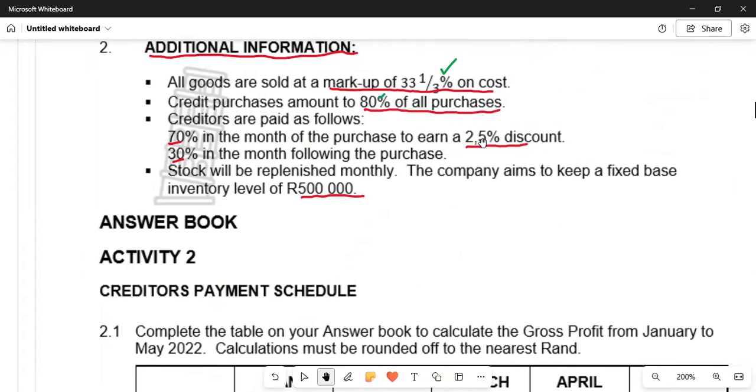And then 30% in the month following purchases. So here the month of sale is March, whereby you are going to earn a 2.5 discount. Before we go to the answer book, let us see how we are going to calculate this.